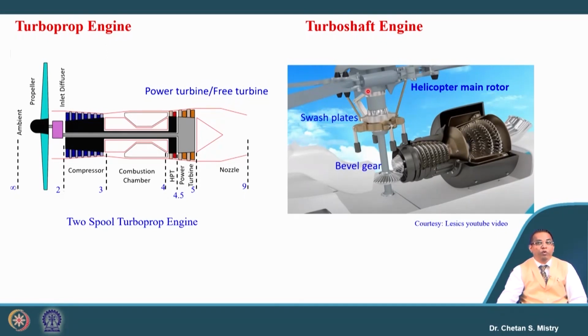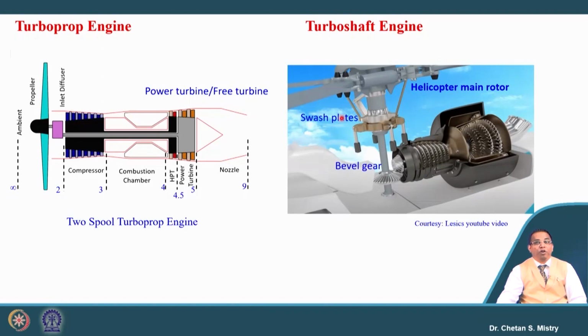Here, if we look at it, this construction is different from our turboprop engine configuration. The engines look the same, but the purpose is different. Now, these blades we are looking at for the helicopter are connected with swash plates, and those plates are able to tilt the blades of this main rotor, and by that means change the angle of attack.